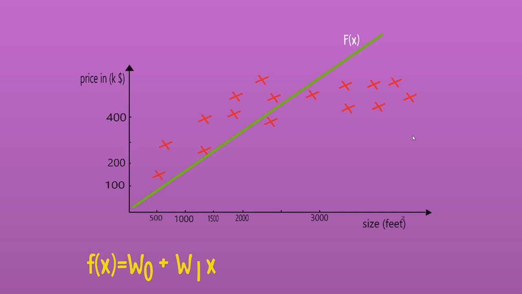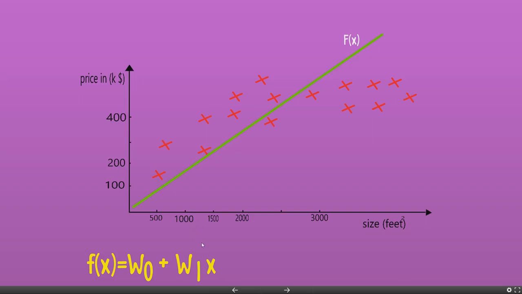If you are familiar with high school mathematics, you remember that the equation for a linear function is ax plus b, or in other words, as I call it here, w0 plus w1 multiplied by x. What you notice here is that the x is going to be given. Like when your friend asks you, I'm going to buy a house, I want to buy a house with 1000 square feet.